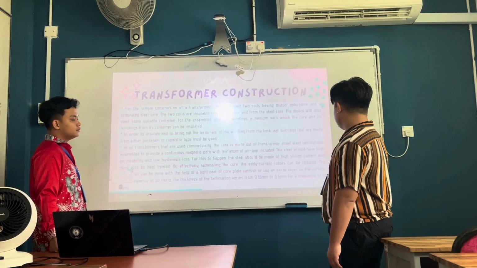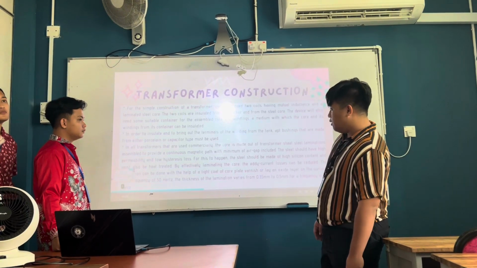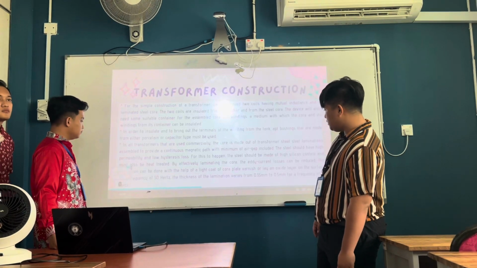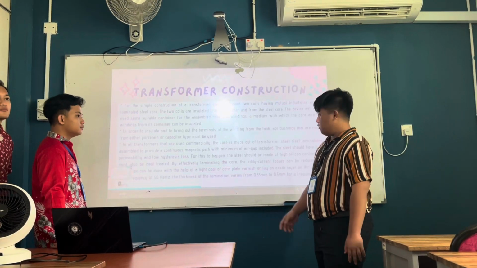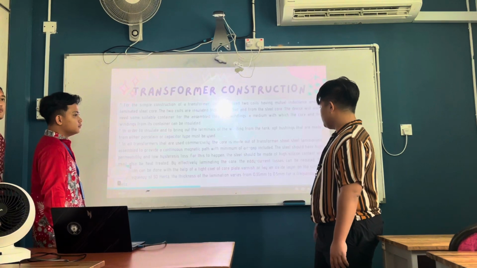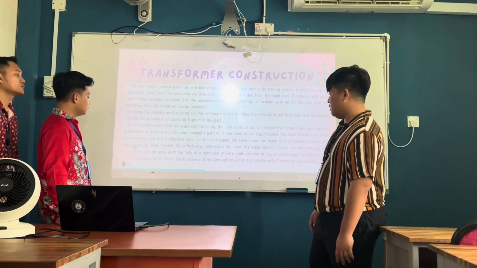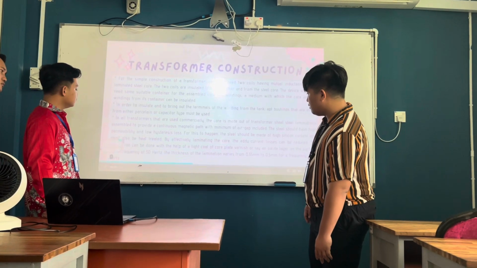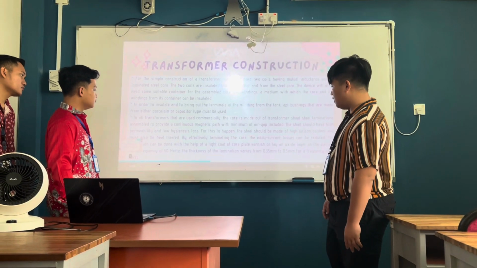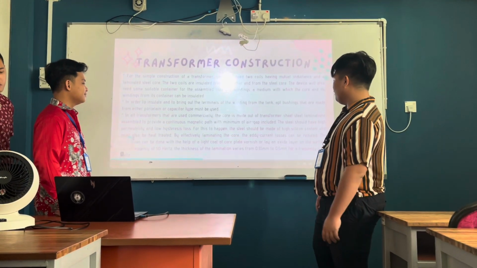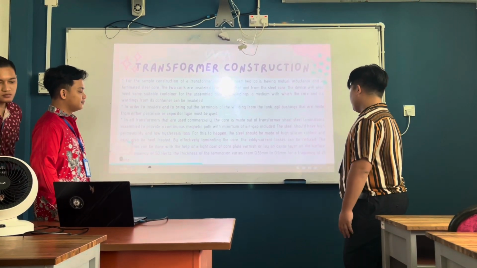The steel should have high permeability and low hysteresis loss. For this to happen, the steel should be made of high silicon content and must also be heat treated. By laminating the core, the eddy current losses can be reduced.